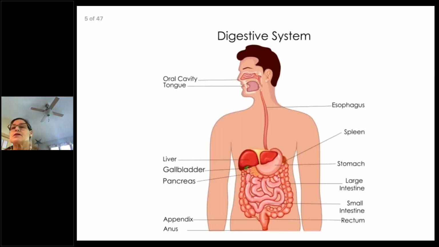So you can see here the path of the food. It starts in the mouth, and then it goes down the throat and down the esophagus. And the esophagus has muscles that work with peristalsis. It's unconscious.